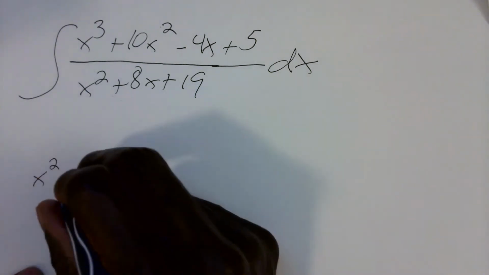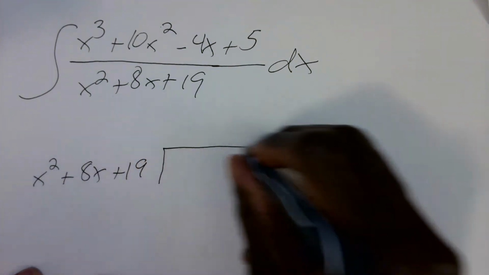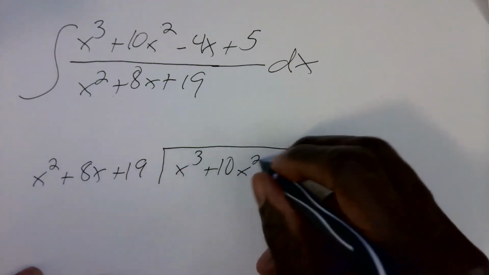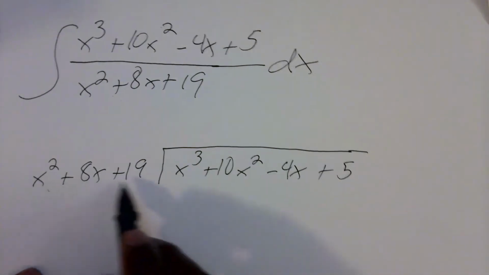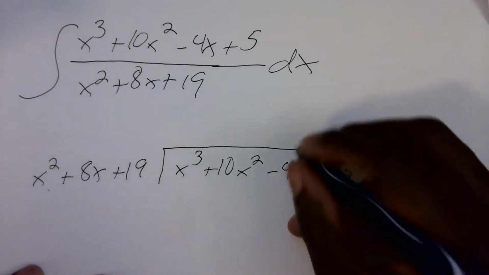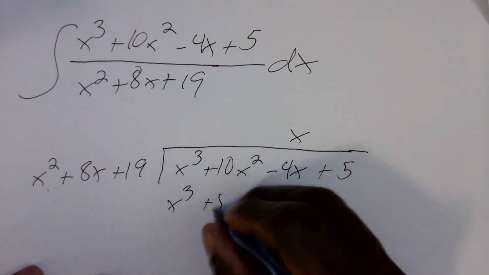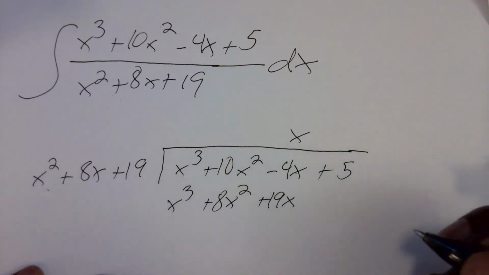So I'm going to divide. My divisor is x squared plus 8x plus 19, and my dividend is x cubed plus 10x squared minus 4x plus 5. So x will go into x cubed x times, and that will give me x cubed plus 8x squared plus 19x.